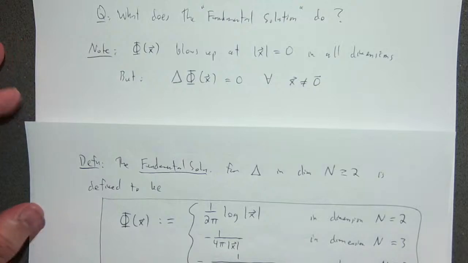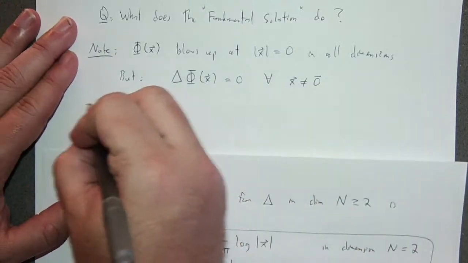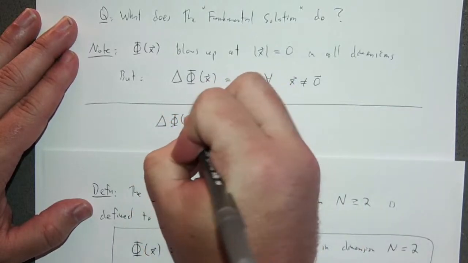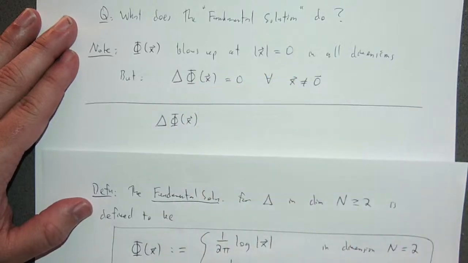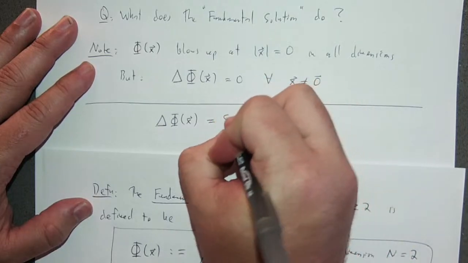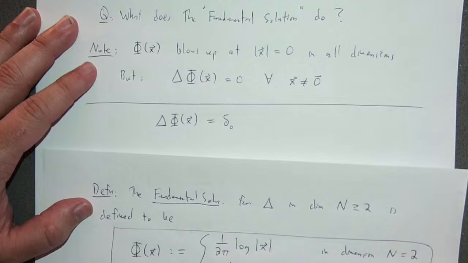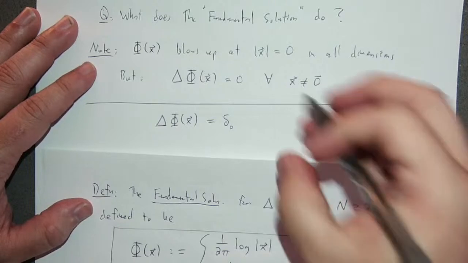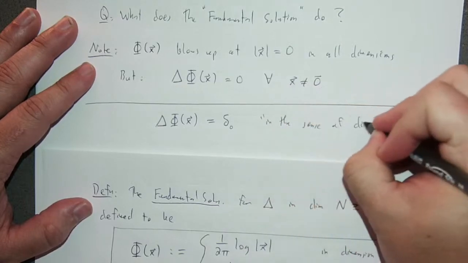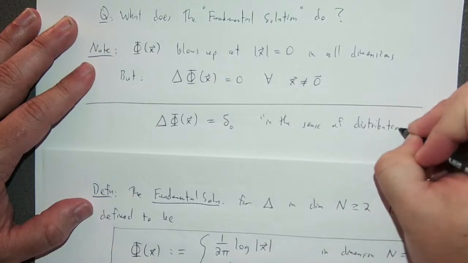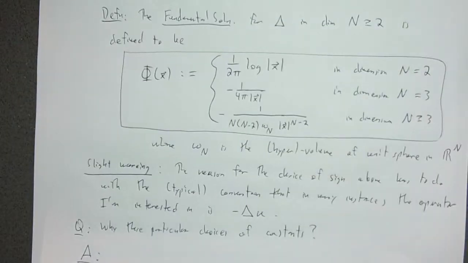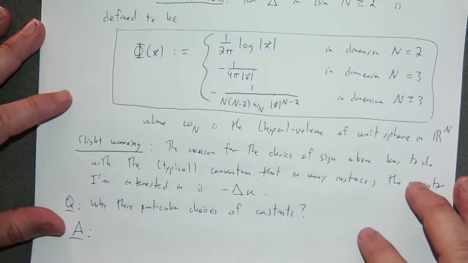So then the question is, when I write the Laplacian of this quantity, what is this? It turns out that this is the delta distribution, in the sense of distributions. And so, going back to the original question, why did we choose the constants in the fundamental solution to be this way?